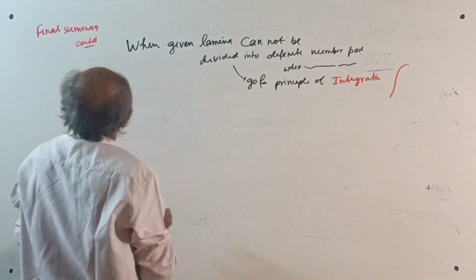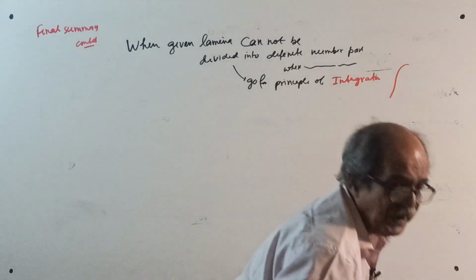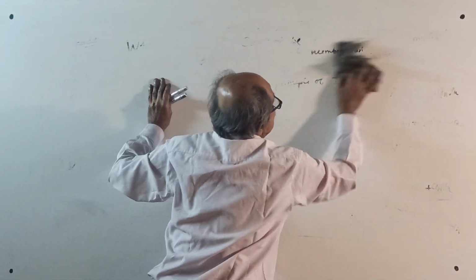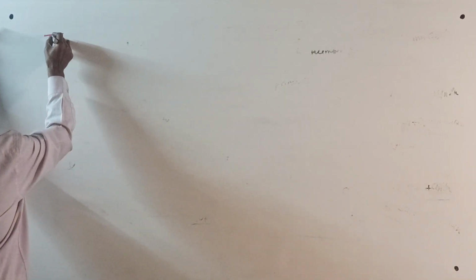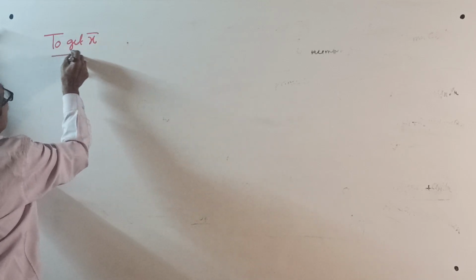I will tell you what to do now. I want a full board. See correctly what to do. Closing part: integration. To get x bar, I will first finish x bar.